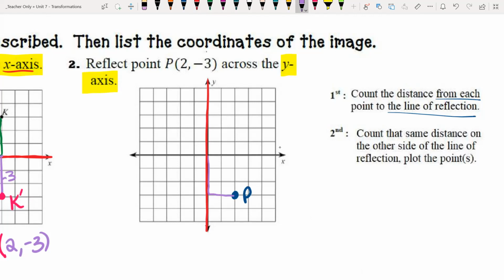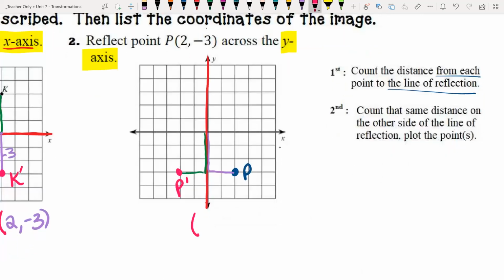Since we're folding it sideways, we're still going to go down 3. But instead of right 2, we're going to go left 2. So the opposite, right? And then that's going to be my reflected P, my P apostrophe. So that point is now -2, -3. So that's what my P apostrophe is.